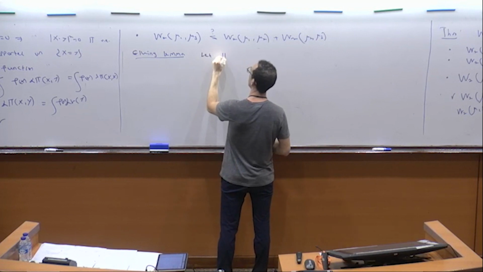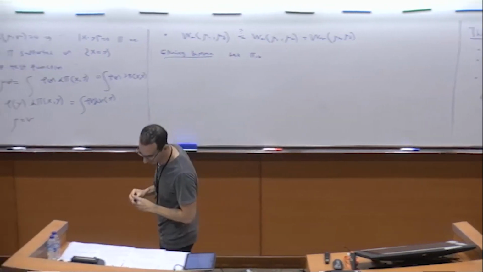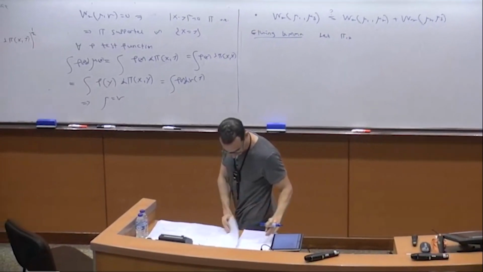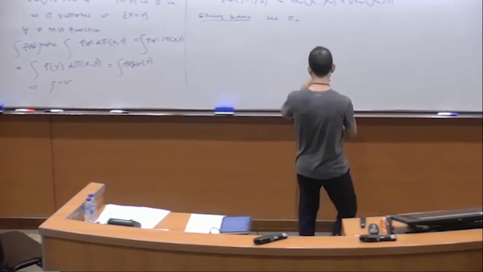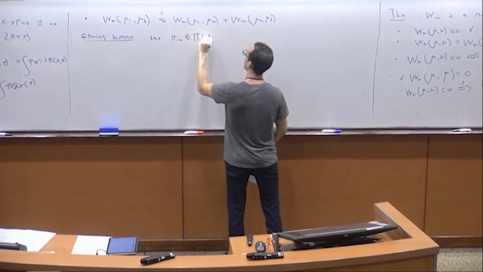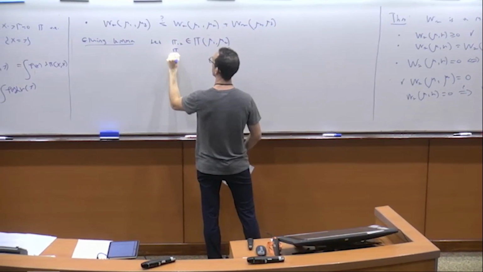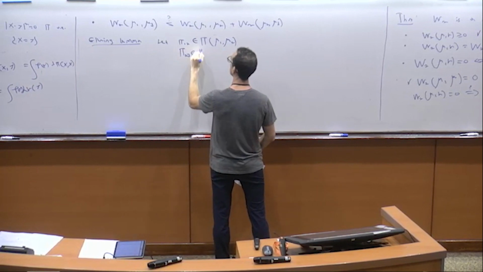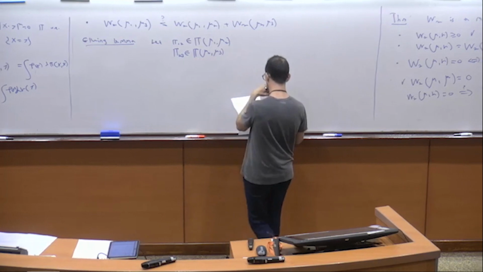So let pi 1, 2 be a coupling between mu1 and mu2, and similarly pi 2, 3 a coupling between mu2 and mu3.